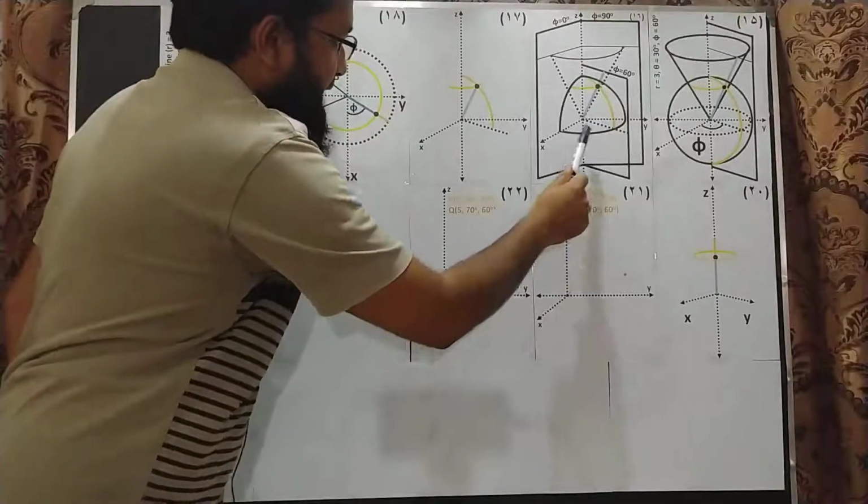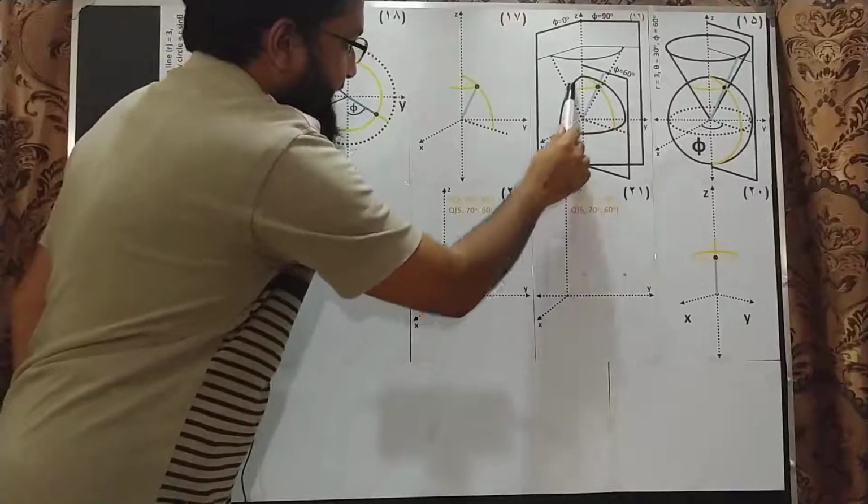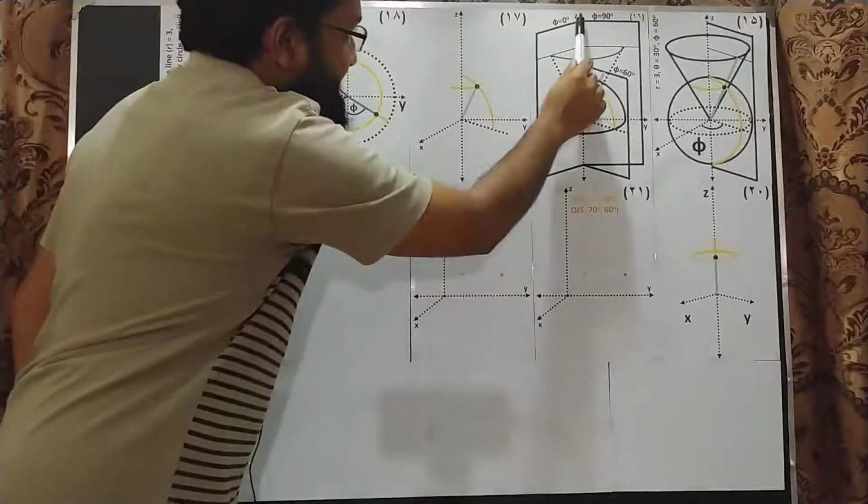So this curve, for example, is the intersection of r equals to constant and xz plane.